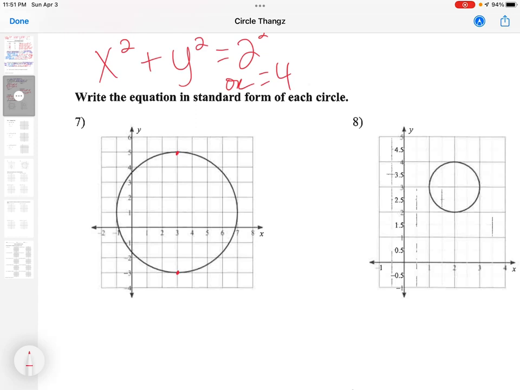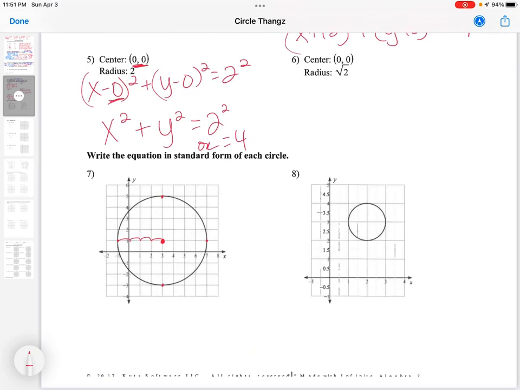And then it also crosses at exactly (7, 1) and (-1, 1). So from -1 to 7, that's a distance of 8 horizontally on my x-axis. So halfway would be 4 units, which would put me at 1, 2, 3, 4. So I'm going to be at (3, 1) as my center.